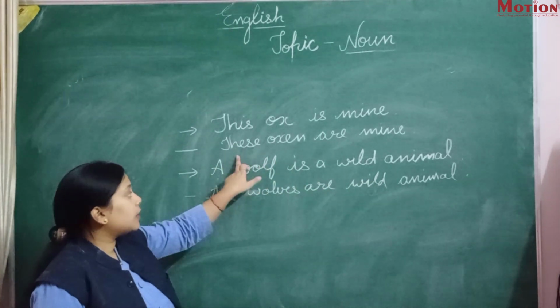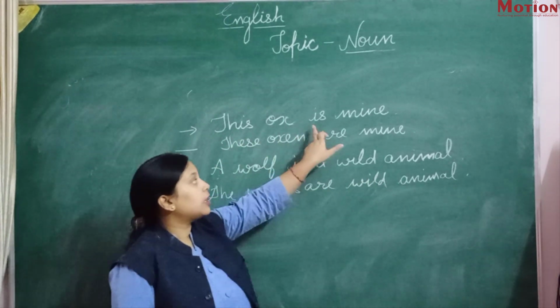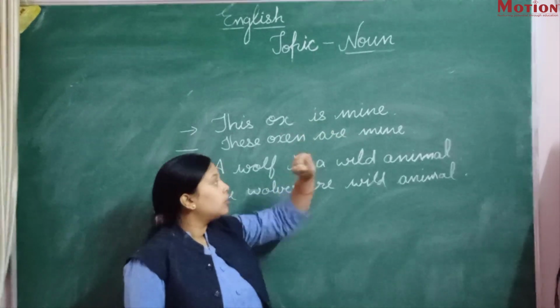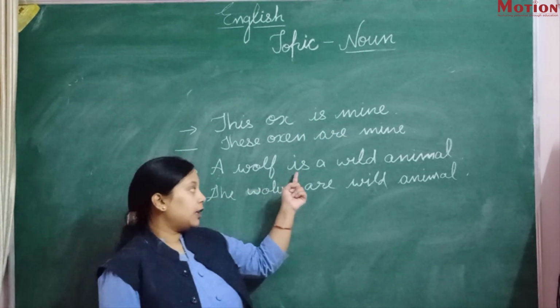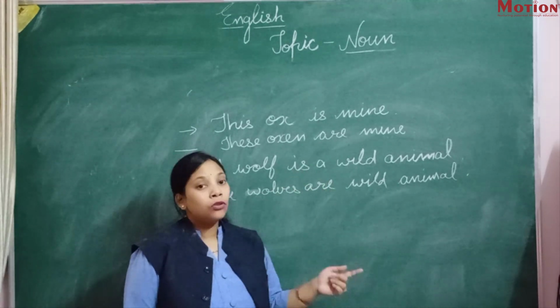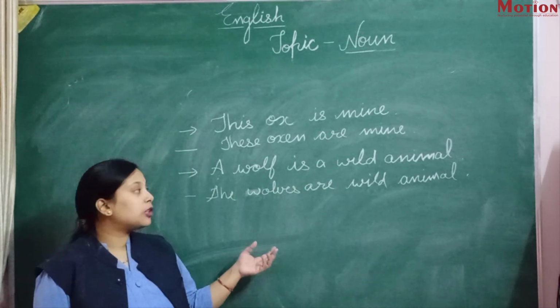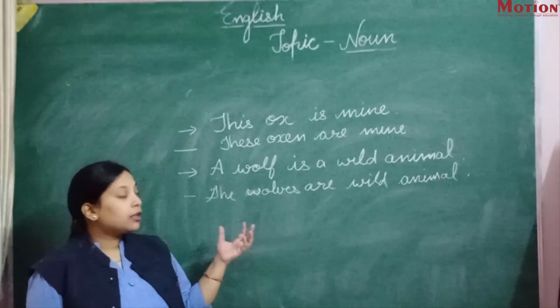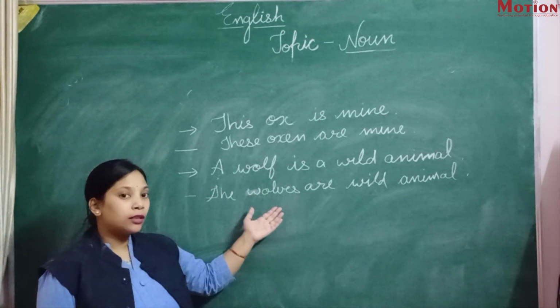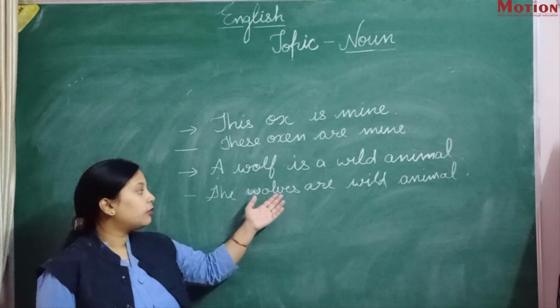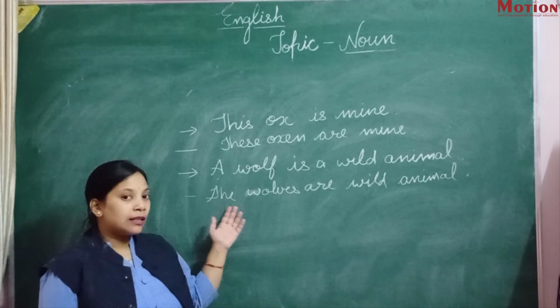Here we have changed the helping verb also. Here we have changed the article also, again the helping verb. So for correct plural formation, you just have to see where you have a singular noun and where you are changing the noun, and what the sentence is saying.